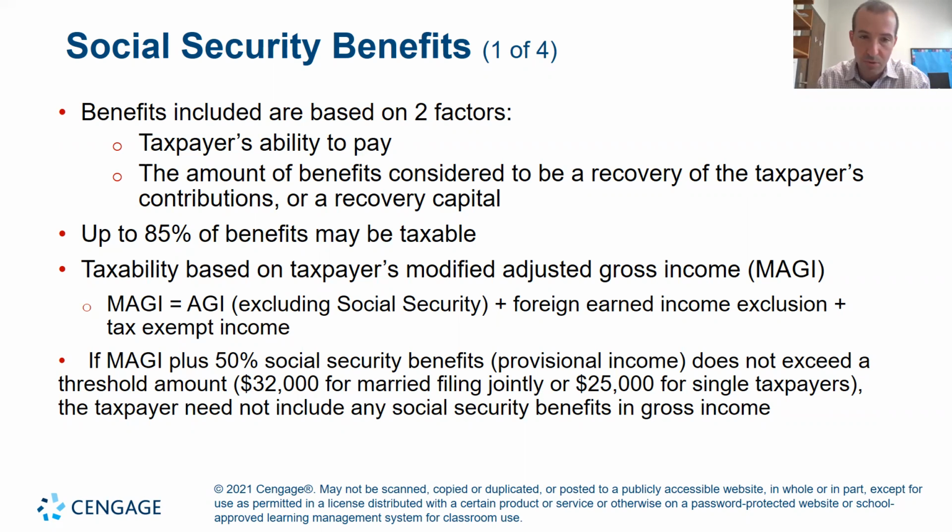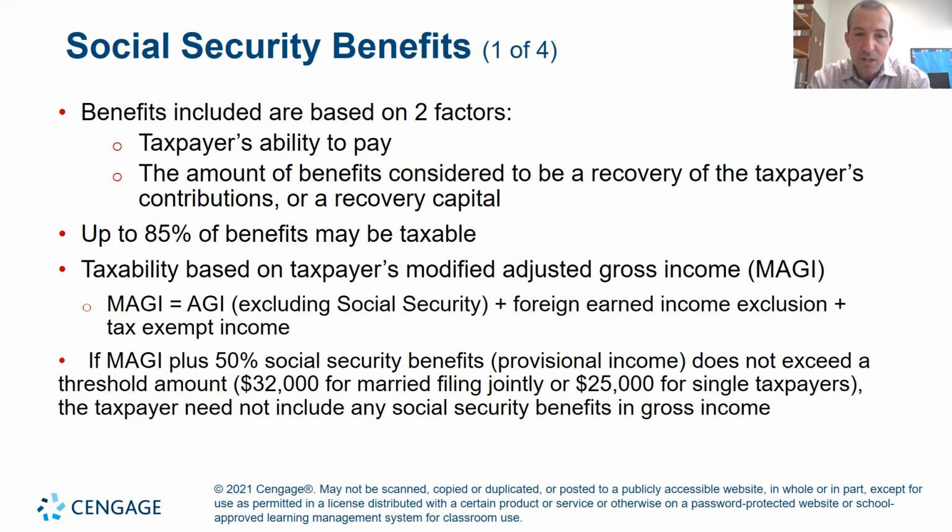We don't include Social Security for this modified adjusted gross income calculation. So all the other income is included. Plus we include a couple other things like the foreign earned income exclusion, which we'll talk about later. Don't worry about it if you don't know what that is. Plus any other tax exempt income, which we'll talk about in later chapters, but that could be income earned from municipal bonds, things like that.